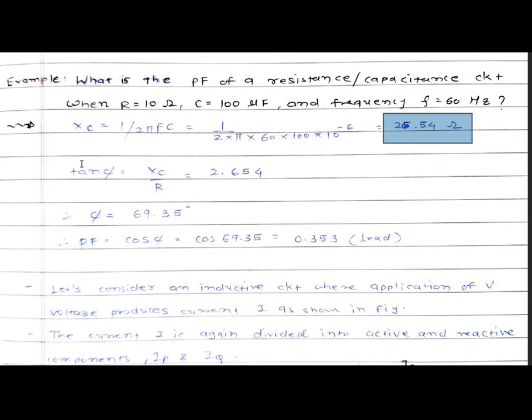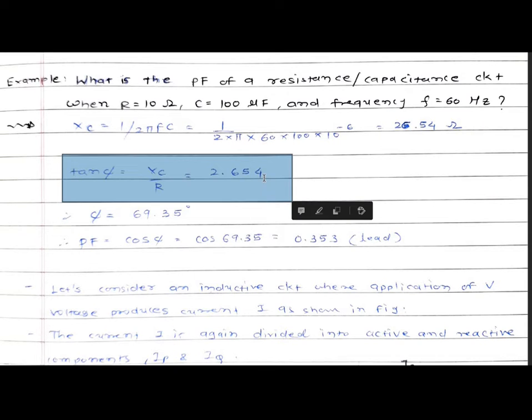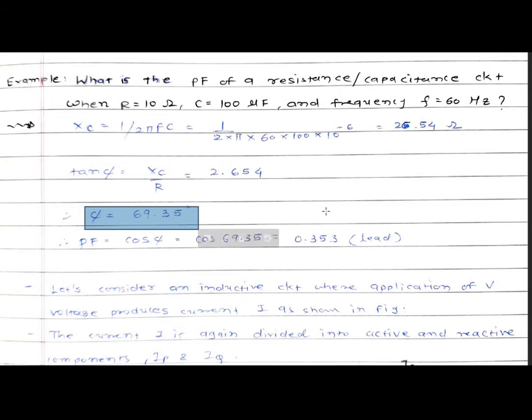Now tan phi is given by Xc by R, which is 26.54 divided by 10. So tan phi is equal to 2.654. From this we get phi equal to 69.35 degree.